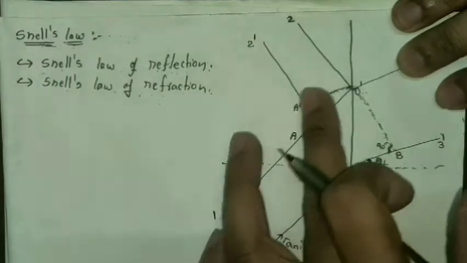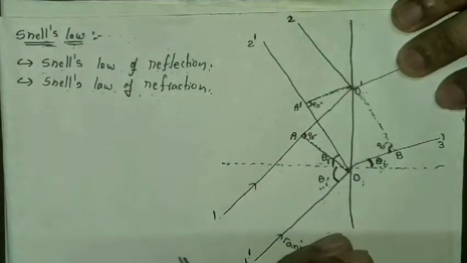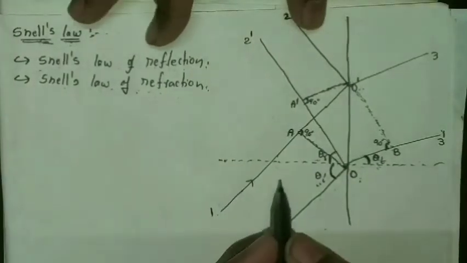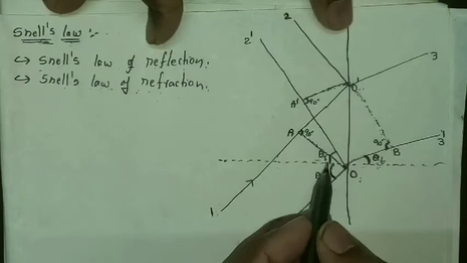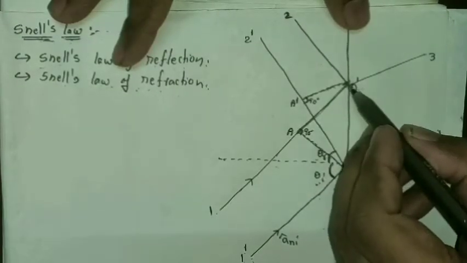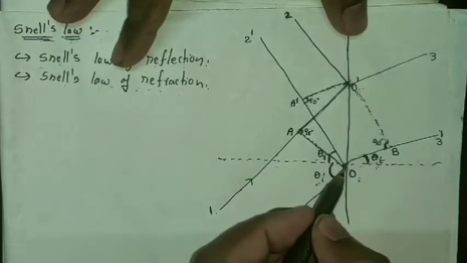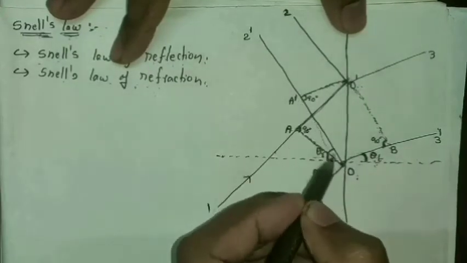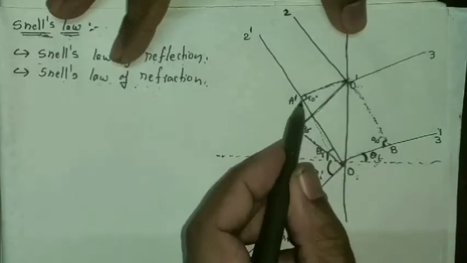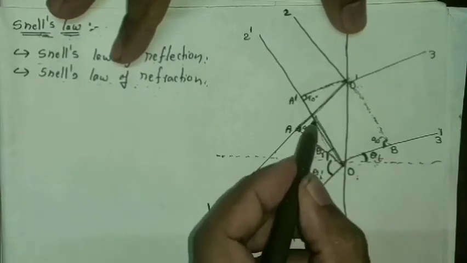From this diagram, we have to derive the equation corresponding to Snell's law. It should be noted that the distance covered by the electromagnetic wave from A to O dash is equal to the distance from O to A dash, as per the experimental observations.